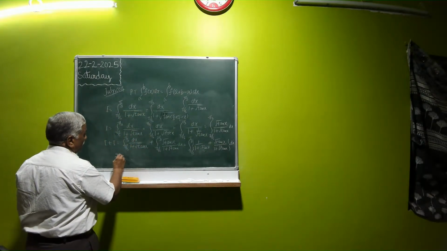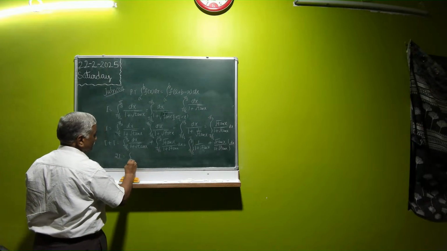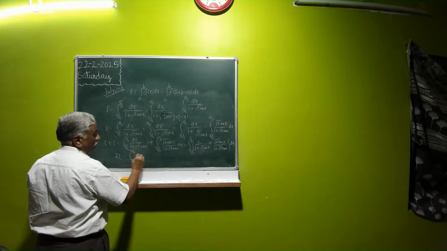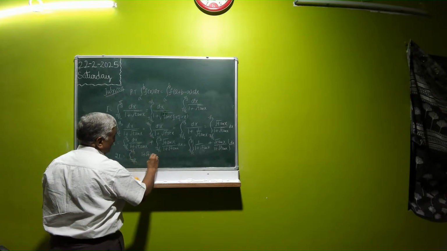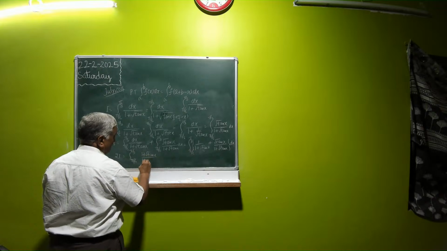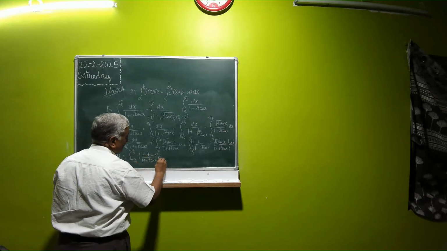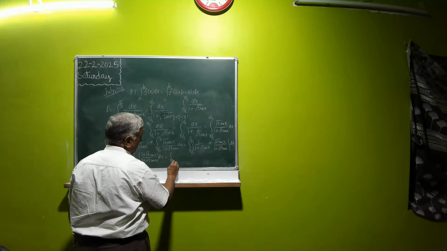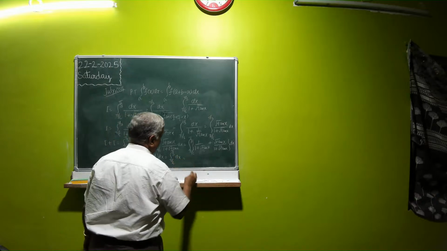So you have got 2y is equal to, take the LCM, pi by 6 to pi by 3, you get 1 plus root tan x by 1 plus root tan x. That will cancel.